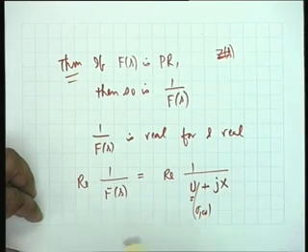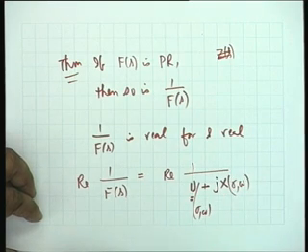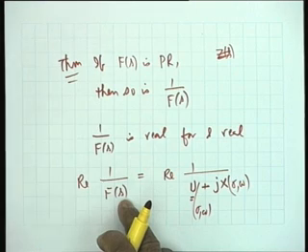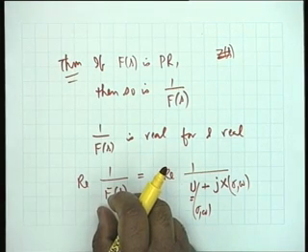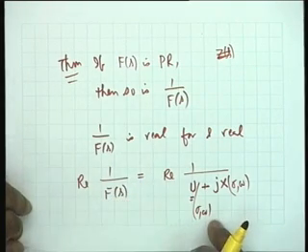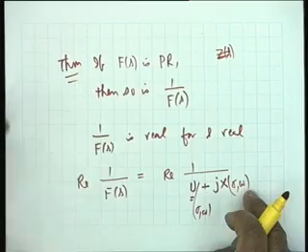It is a two variable function. Similarly, x is a function of sigma and omega. You see, f of S, S is sigma plus j omega. I break this complex function into a real part and an imaginary part. The real part shall be a function of sigma and omega, and the imaginary part shall also be a function of sigma and omega.